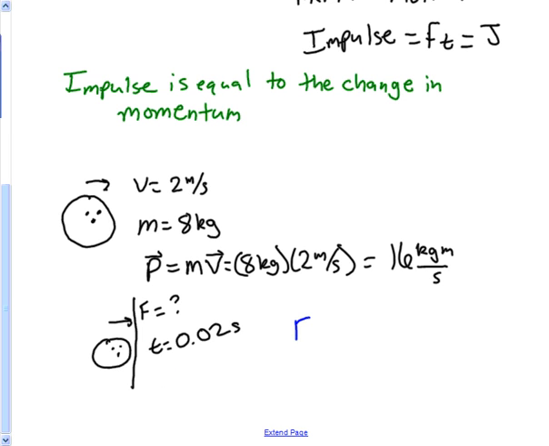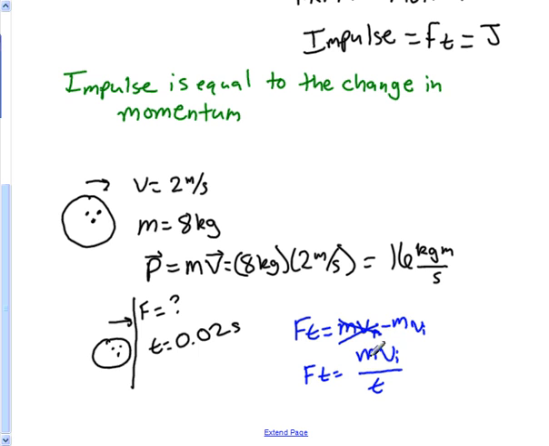Well, we know that force times time is equal to the change in momentum, right? mvf minus mvi. If it hits the wall and it stops, then the final velocity is just 0. So the force times the time is equal to mass times initial velocity, over the time that it's in contact.